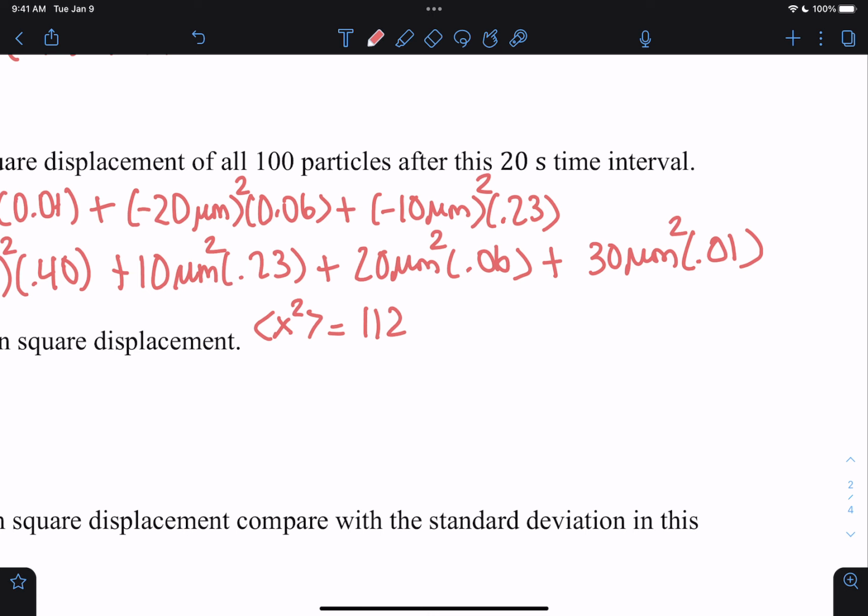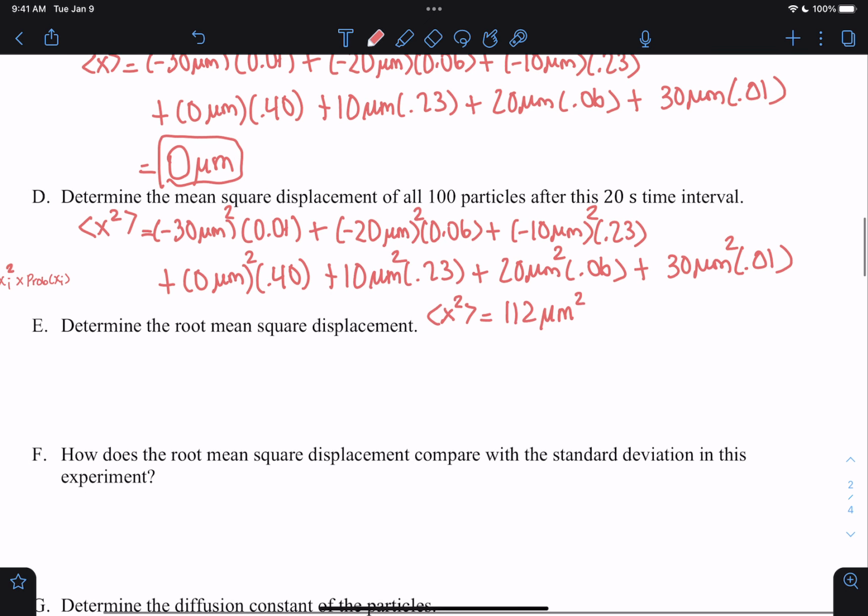There we go. So that should give us 112 micrometers, and that should be squared as well. Which is kind of odd, because that sounds more like area than a displacement. But since all of these values are squared, the units are micrometers squared. And they're asking for mean squared displacement, so you expect to see a squared there. Sound good so far?